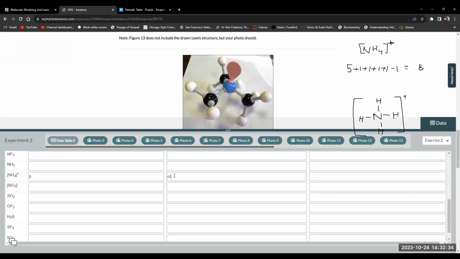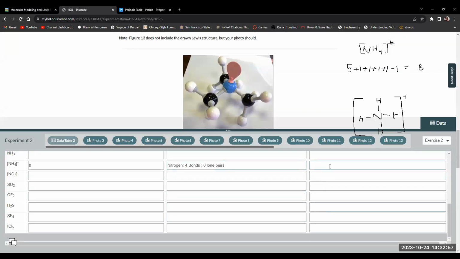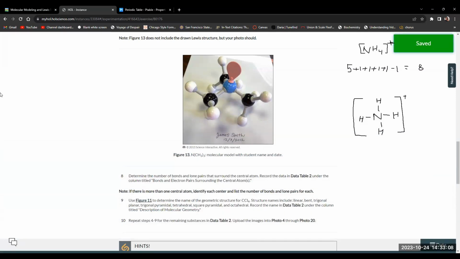So nitrogen has 4 bonds, 0 lone pairs. And then the geometry was tetrahedral. And then all that's left is to draw the structure.